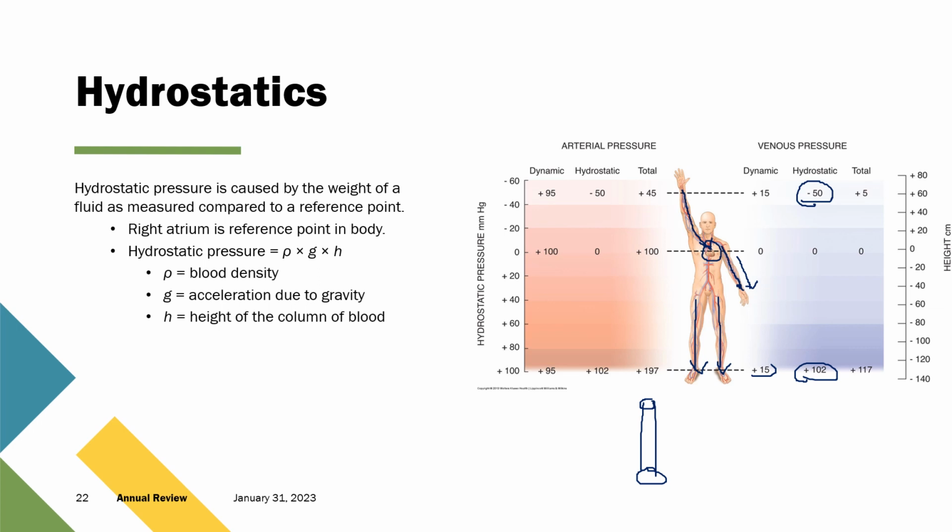Our hydrostatic pressure is going to depend on the blood density, because the denser our blood, the heavier it is, the gravitational pull, and the height of the column of blood. So obviously here in our legs, we're going to have the most hydrostatic pressure. In our arm, our column of blood is shorter, and so we're going to have less hydrostatic pressure.